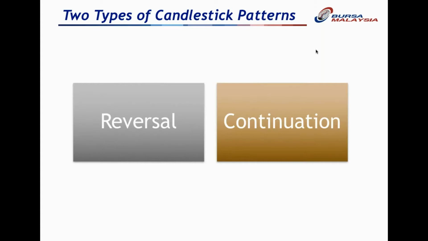In fact, we have more reversal candlestick patterns than continuation candlestick patterns. So the first reversal candlestick pattern that I want to share with you is called the hammer and hanging man.